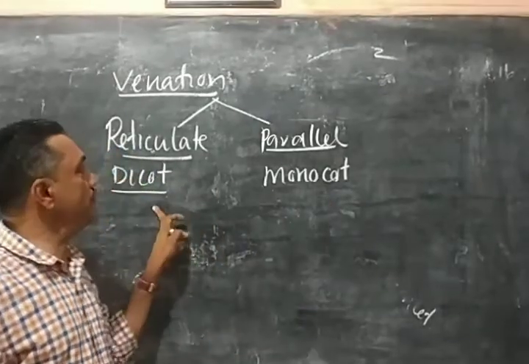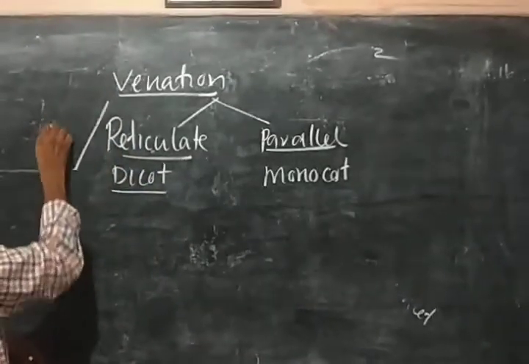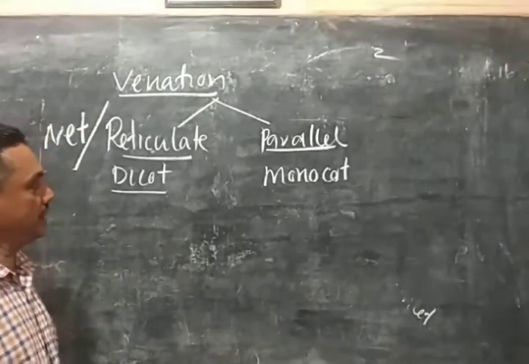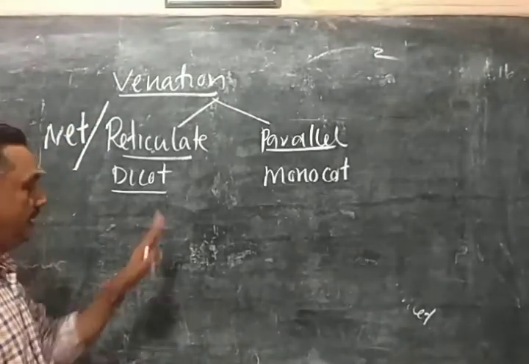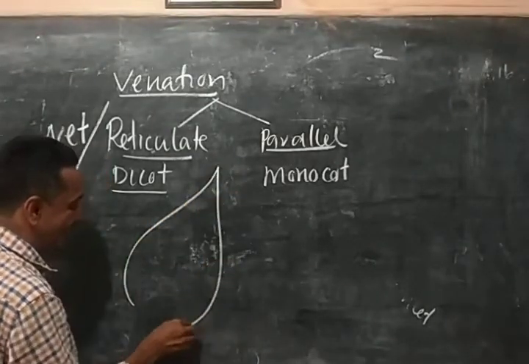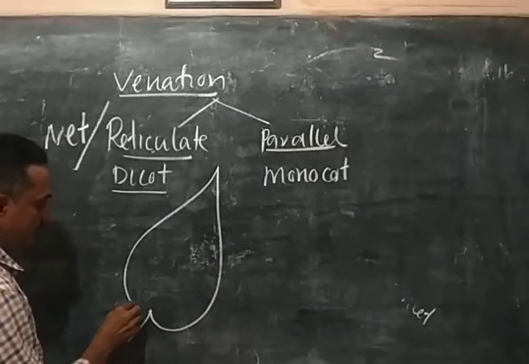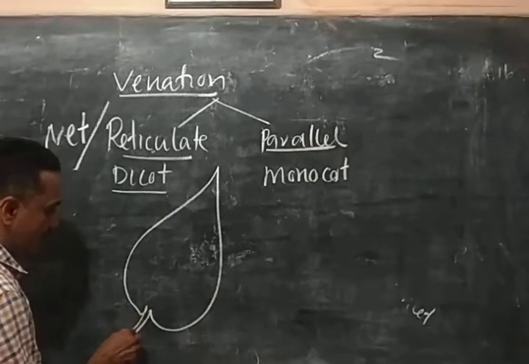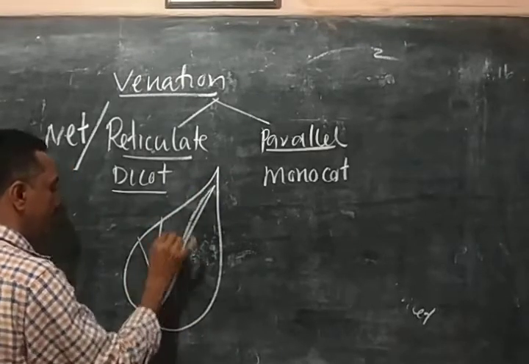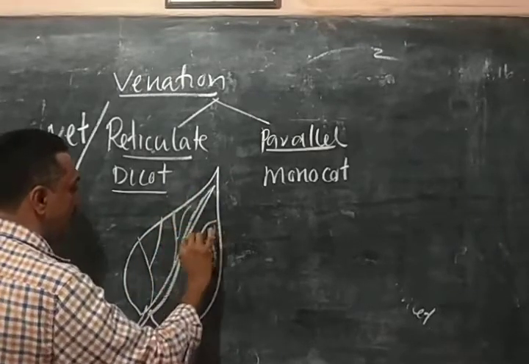In reticulate venation, the veins are arranged like a network. In dicot plants, the veins are arranged like a network on the lamina.